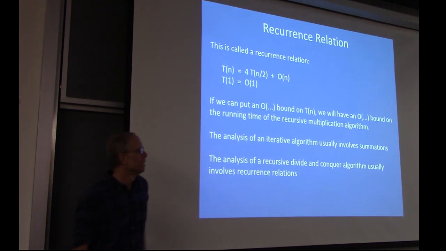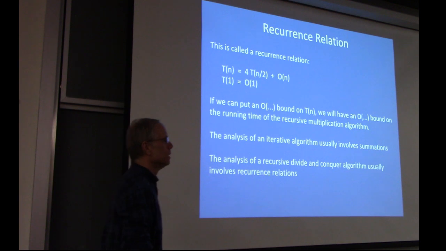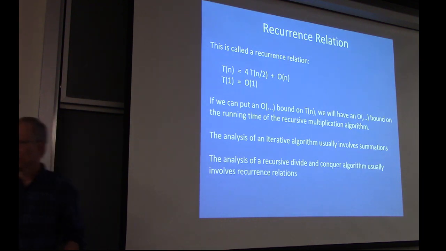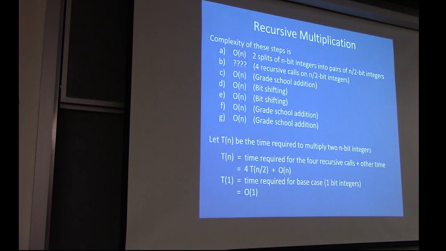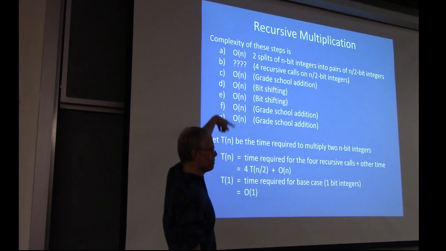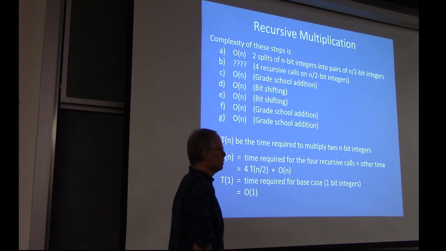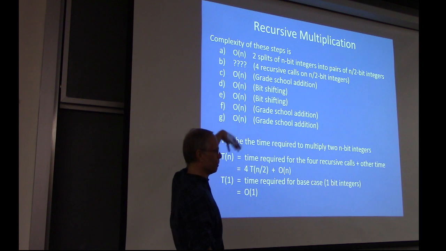Yeah? Would we add a worse O(n) if that's something we had in our instructions? Like instead of O(n), we would have had O(log n). Would that have been what we add to it? Sure. What we do is, where that O(n) came from is we just figured out the complexity of all the non-recursive steps. So if one of those had been O(1), overall it would still have been O(n).